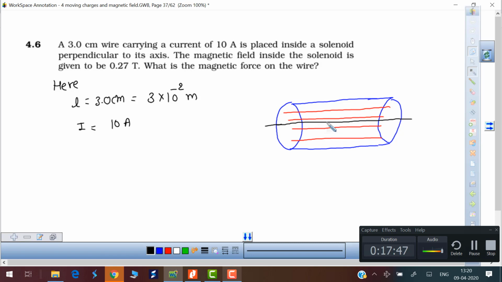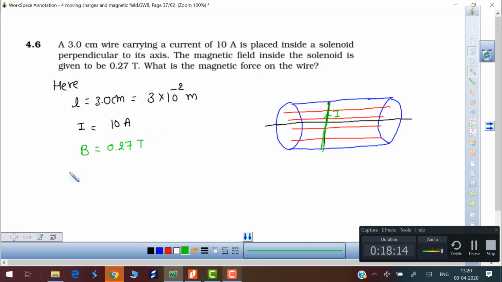So perpendicular somewhere here, suppose from here to here, you can write it. I used a different color. So this is the wire which is placed and is passing through the axis, and it carries the current I. Okay, and magnetic field is 0.27 Tesla.